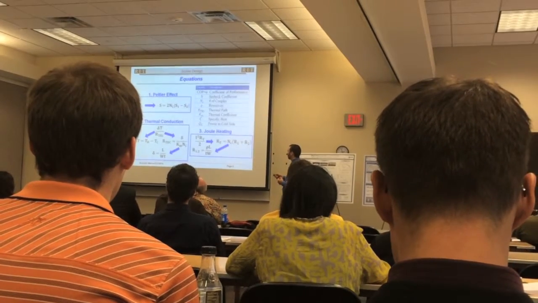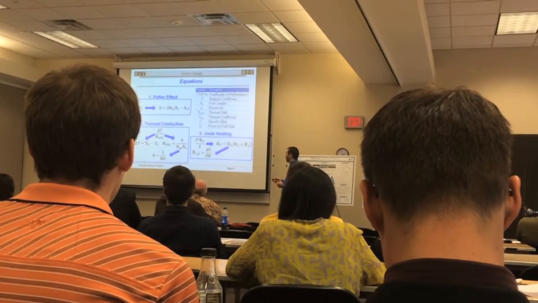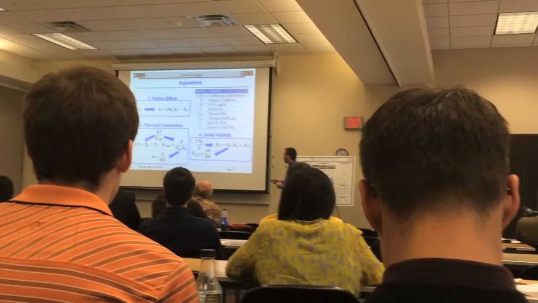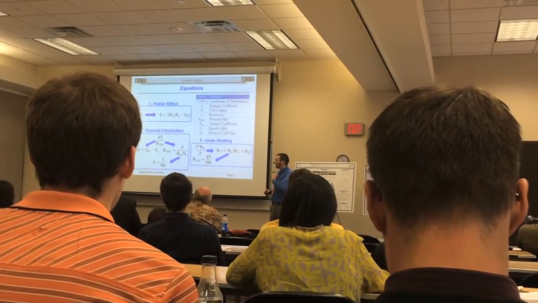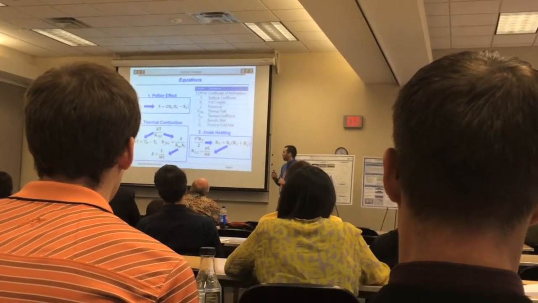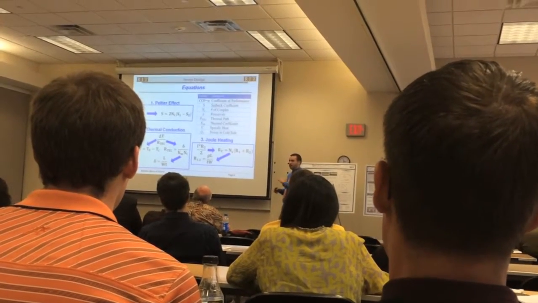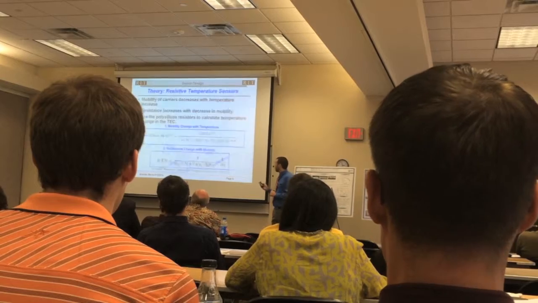And then just the joule heating resistors. Another big design parameter will be the sheet resistance, the resistivity, to make sure it's low enough that you can get the current drive to push the Peltier effect high, but still limit the other effects and make it work.